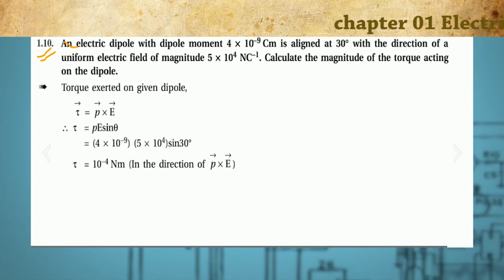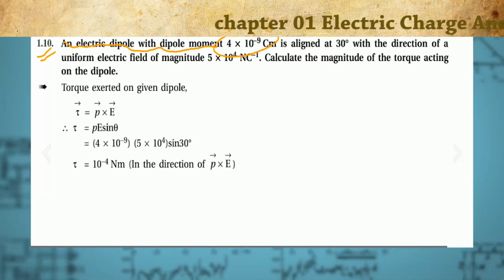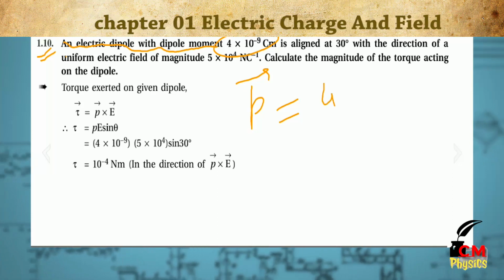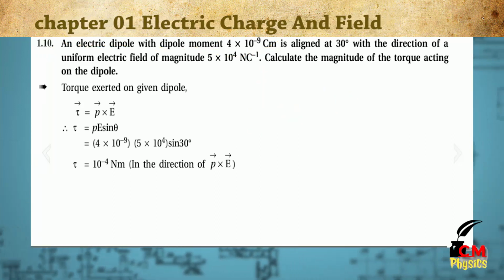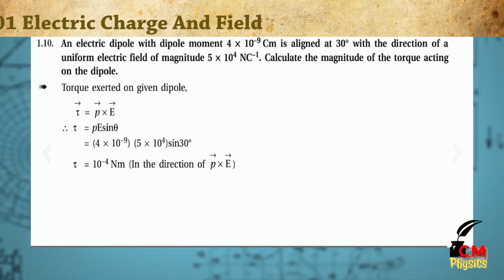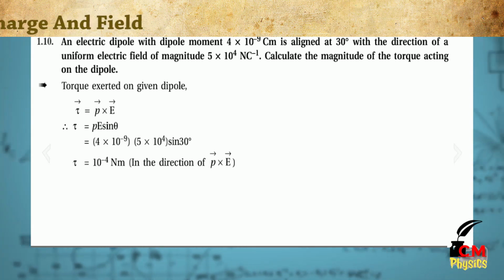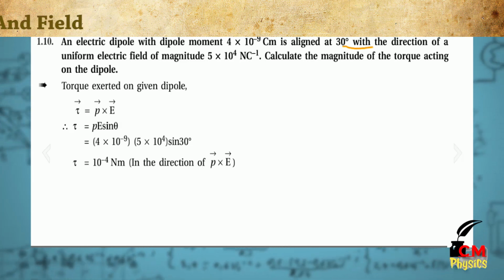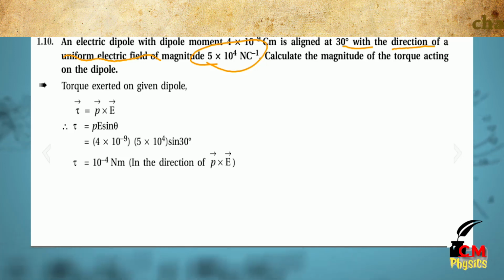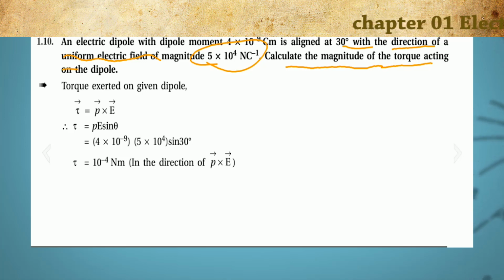Inside the question, an electric dipole with dipole moment 4 into 10 raised to minus 9 coulomb meter, that means P vector is given as 4 into 10 raised to minus 9, aligned at 30 degree with the direction of a uniform electric field of value 5 into 10 raised to 4 Newton per coulomb. Calculate the torque acting on the dipole.